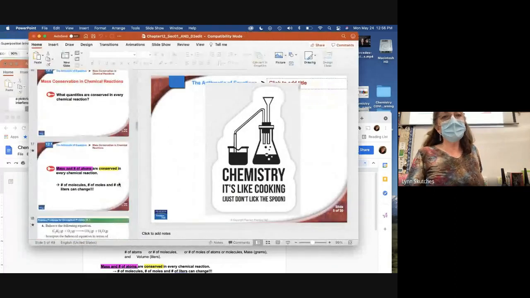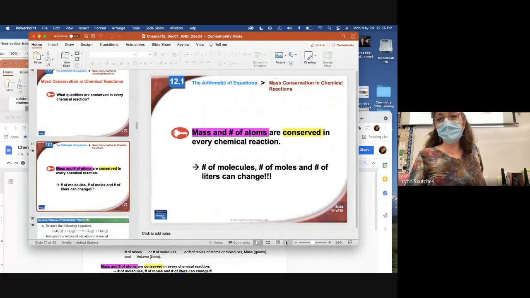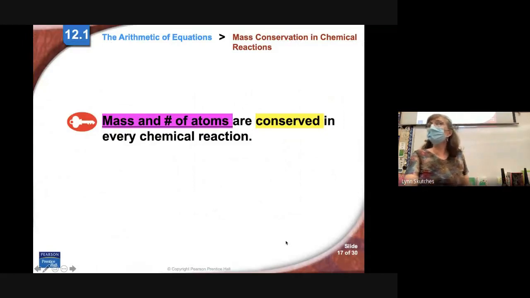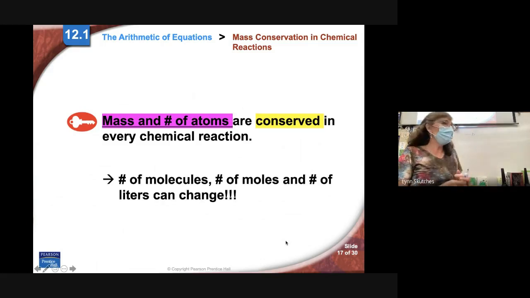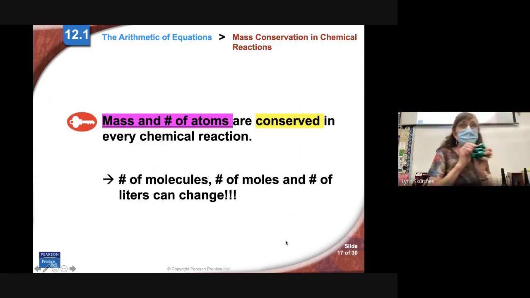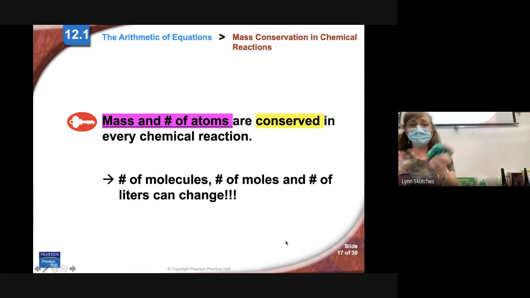So on Friday, we left off with this slide. I told you the only thing that stays constant in a chemical reaction are the total number of atoms. Reactants and products have to have the same number of atoms on each side. And the mass also stays the same. That's what conserved is. The number of molecules can change because you take apart your pieces and put them together in a different way, right?